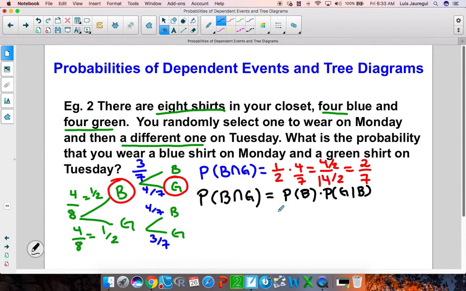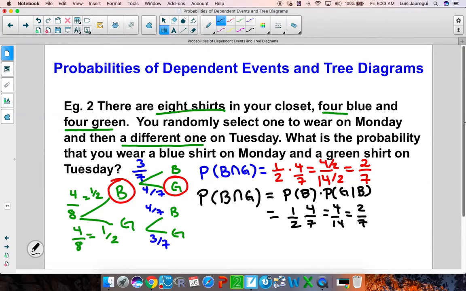Again, we know the probability of wearing a blue on Monday is a half, times the probability that you wear green given that it was blue, which is 4/7. And you'll get 4/14, which would simplify to 2/7.